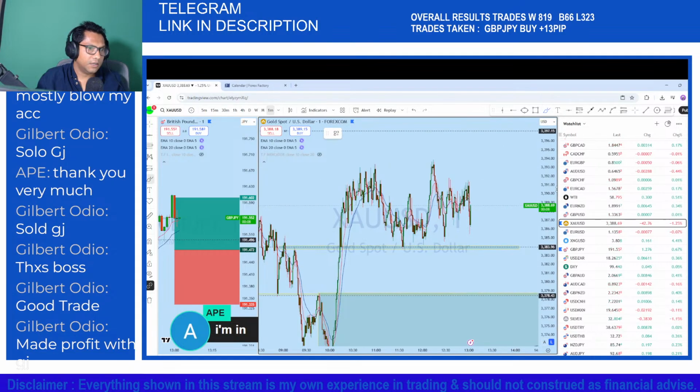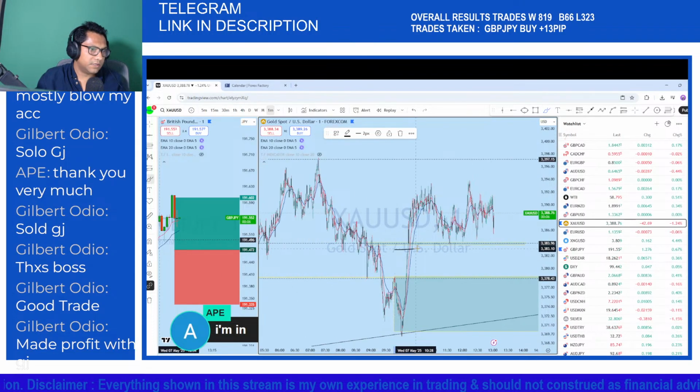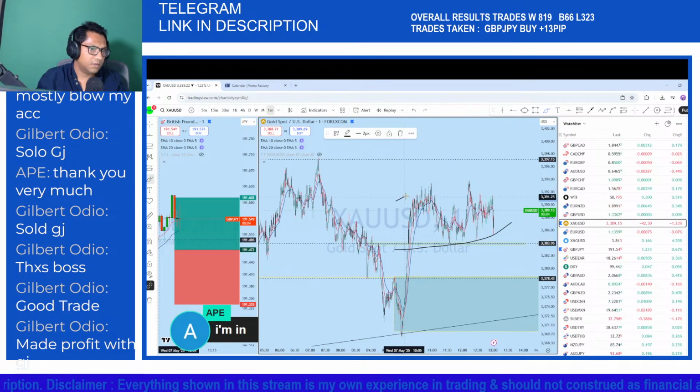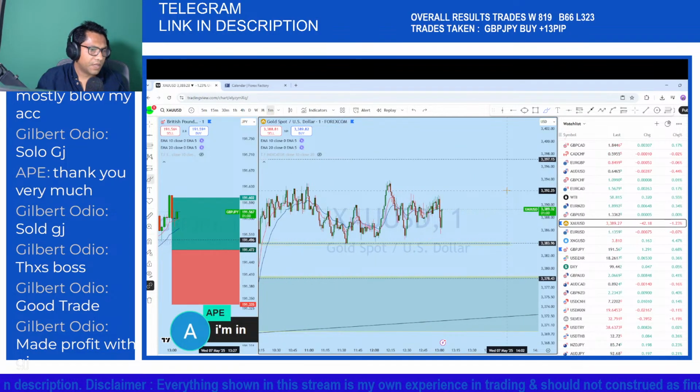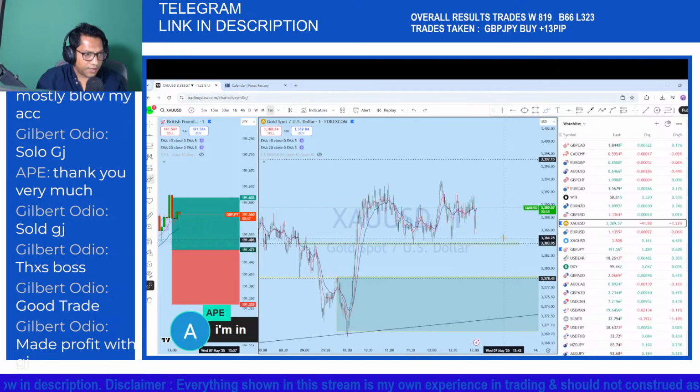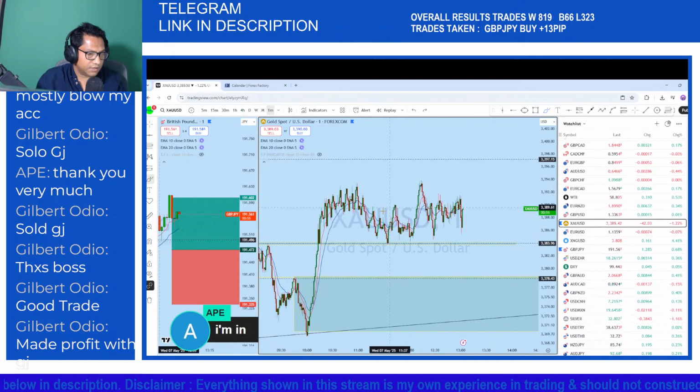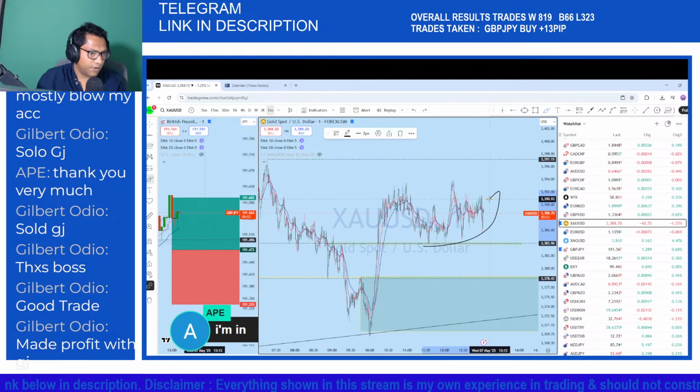There is a semi-circular, very funny circular structure, but it's maintaining a series of higher lows.